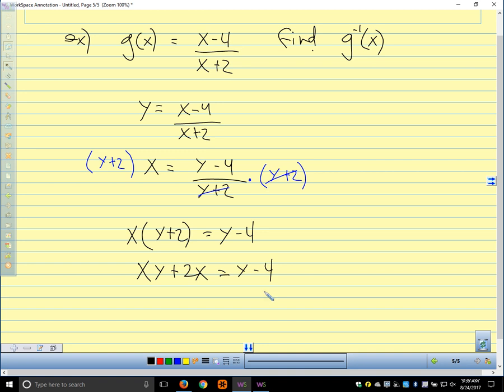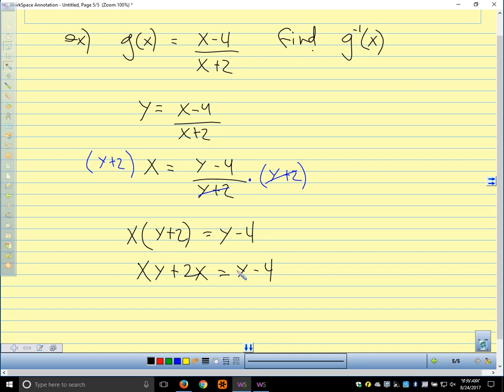Any ideas? What are we trying to isolate? What are we trying to get by itself? Y. So when you're trying to isolate a variable, what do you usually do? Get them all together, right? Get all the y's together. You want them all on the same side. Well, let's do that.